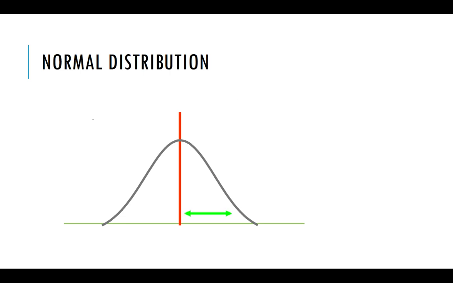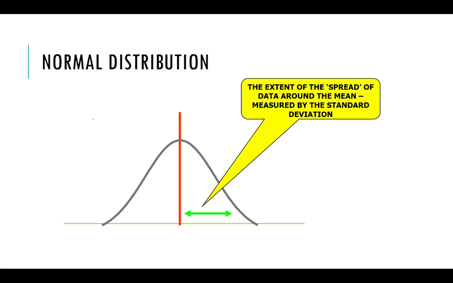We can also talk about the spread. So if you look at my arrow that I just imposed there, we've got this idea of spread. How spread out is this distribution? The extent of the spread, this idea of dispersion, the extent of the spread of the data around the mean is measured by standard deviation. So we've talked about standard deviation, right?